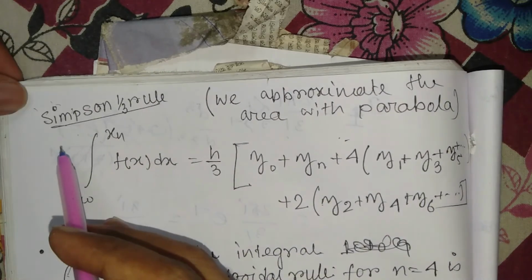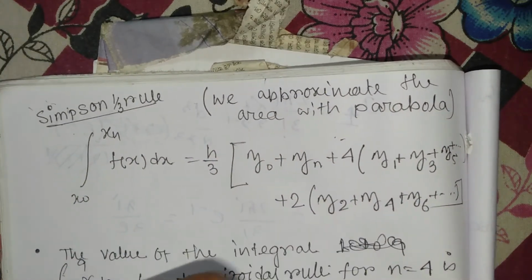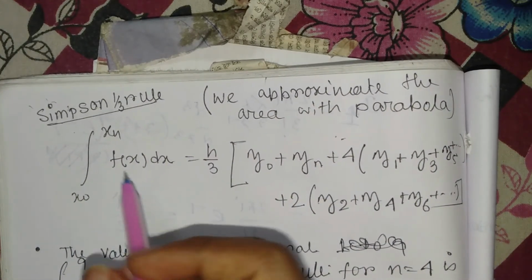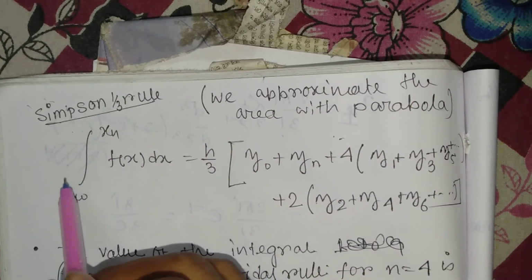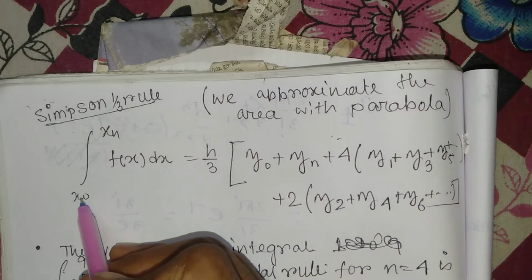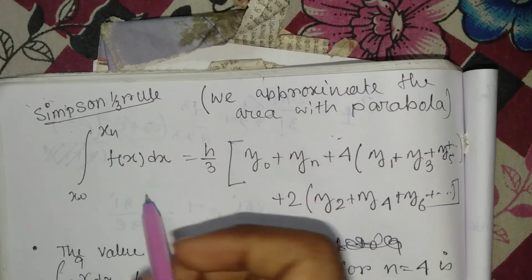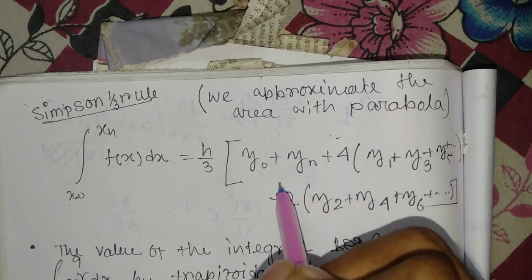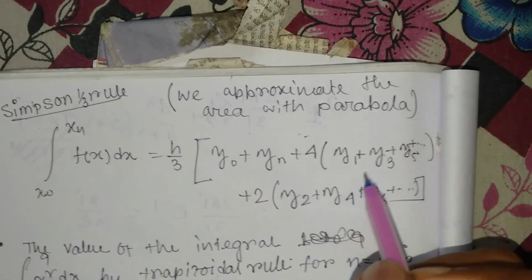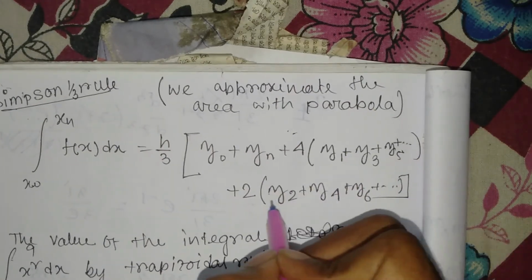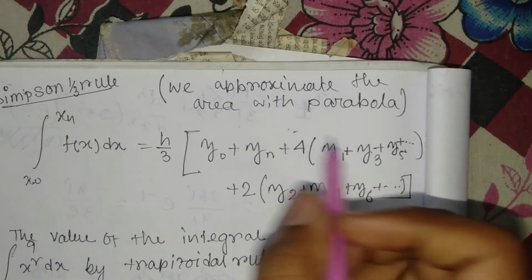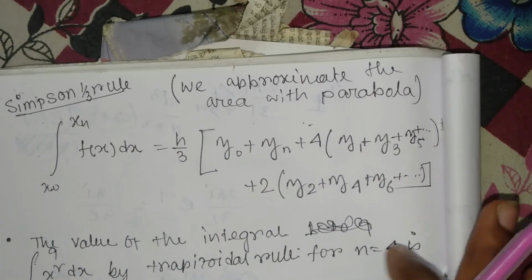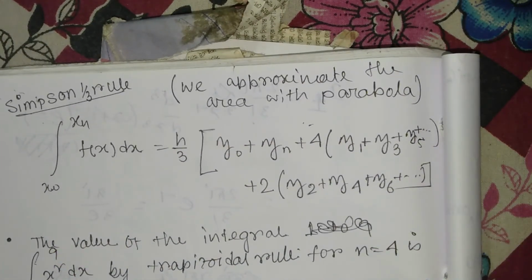Now for Simpson's one-third rule, the formula is the integral from x0 to xn of f(x), expanded in this format: h by 3 times (y0 plus yn plus 4 times the summation of odd terms plus 2 times the summation of even terms). This is Simpson's one-third rule, and before that we dealt with the trapezoidal rule.